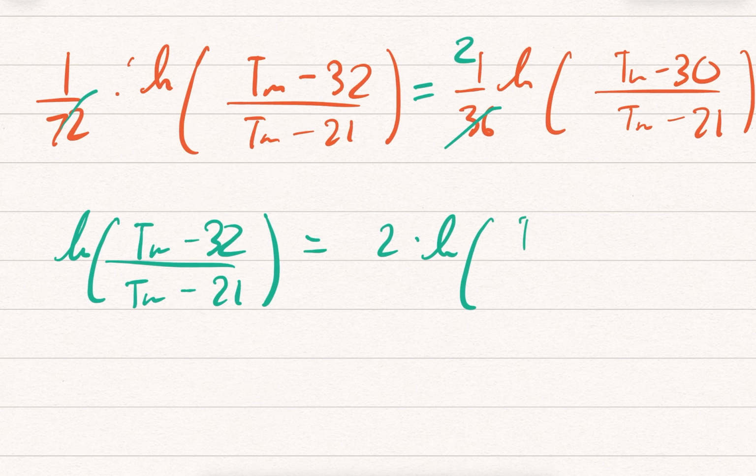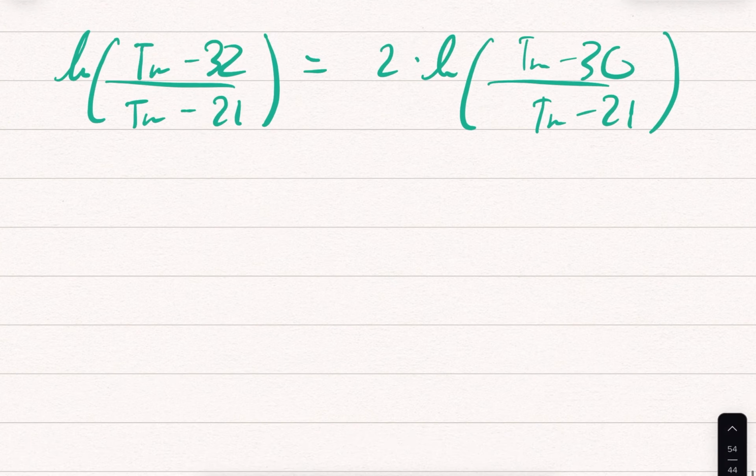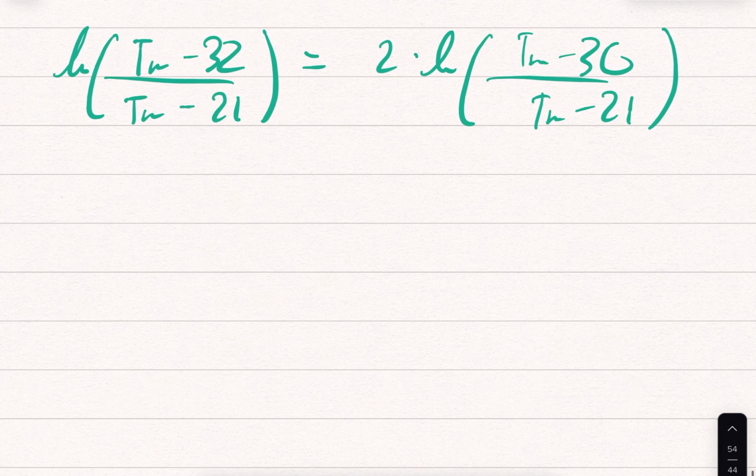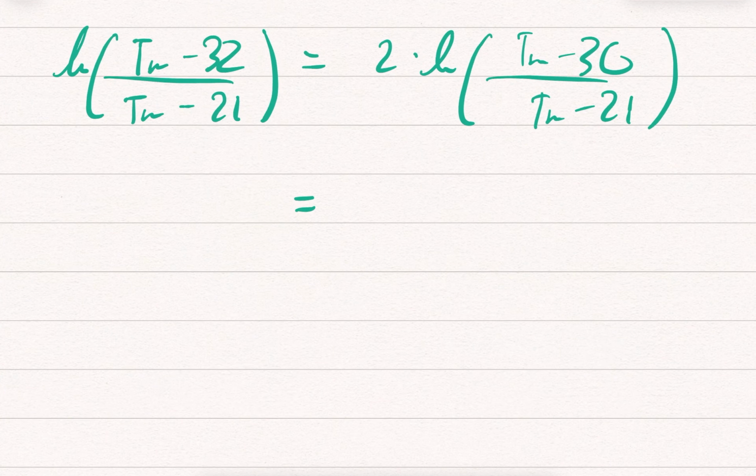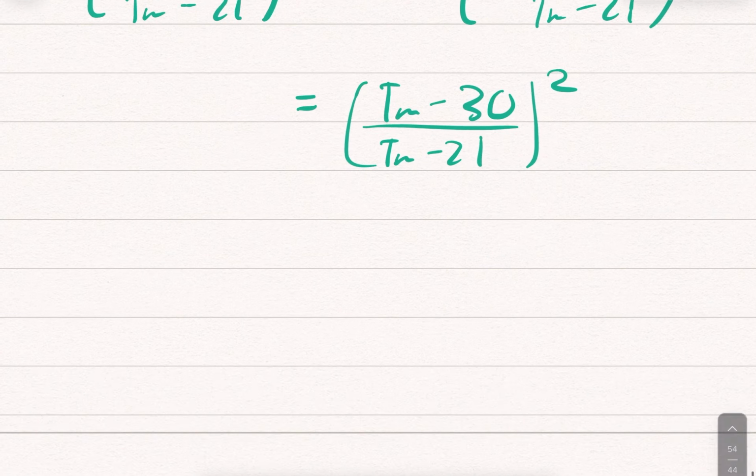So now I have ln of Tm minus 32 over Tm minus 21 equals 2 times ln of Tm minus 30 over Tm minus 21. I want to bring this up to e, so I can start solving for Tm, my constant ambient temperature, which is what I'm looking for in the oven. So I'll have Tm minus 30 over Tm minus 21 squared.